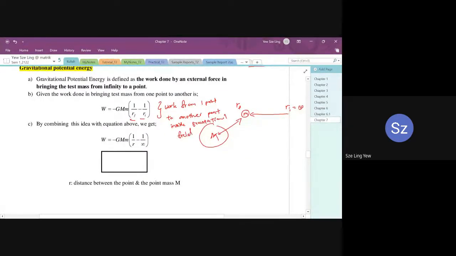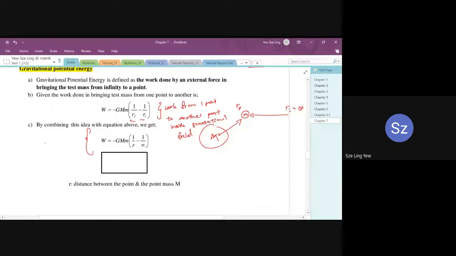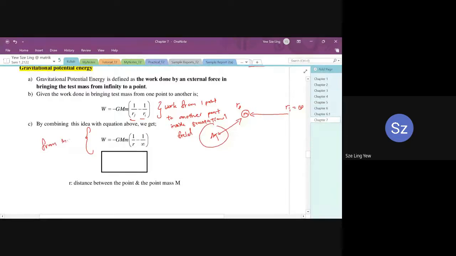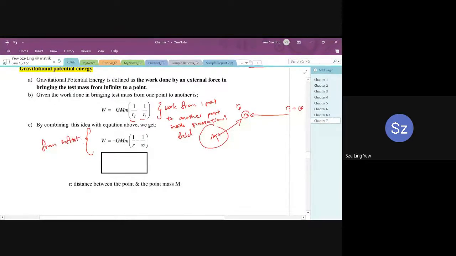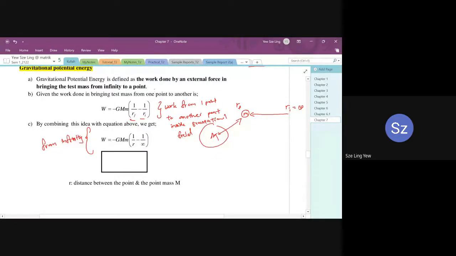But when it comes to the definition, you're looking at from infinity. So this is the equation for from infinity. Okay. So one is from one point to another point, the first equation, and then the second equation is from infinity. So you substitute R initial as infinity.